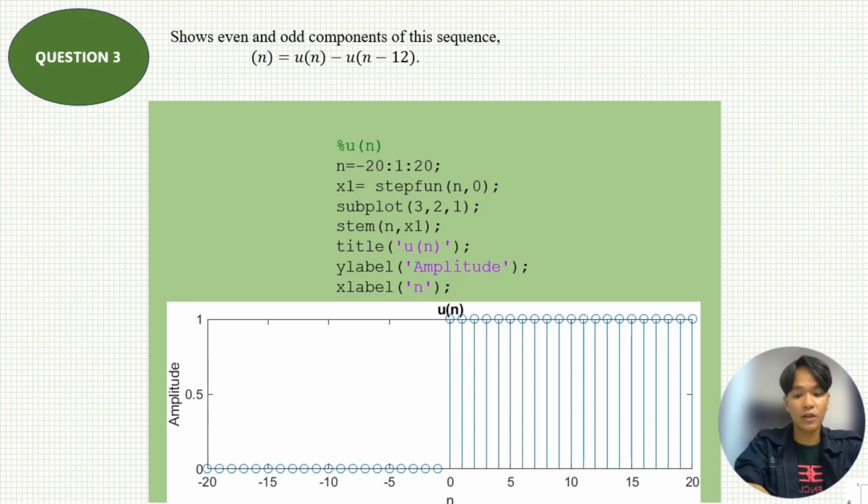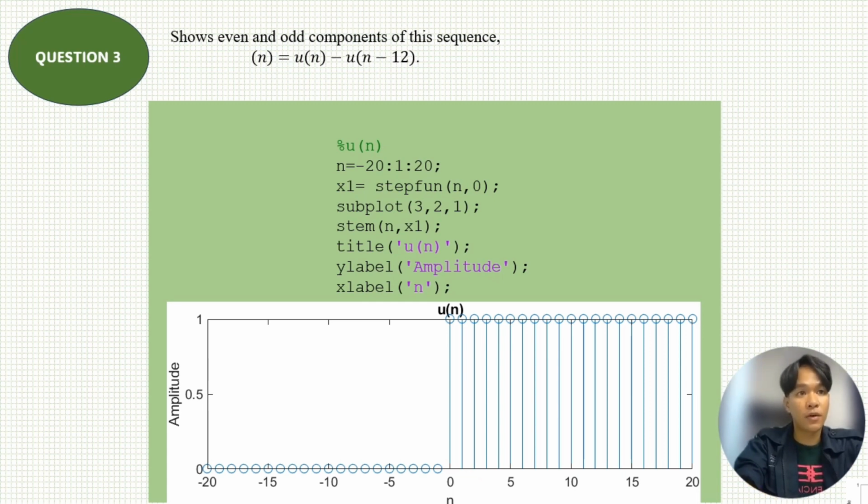How do we get the un signal? As we all know, un is a unit step signal, and from the equation itself, we know that it is a discrete time signal because it uses n instead of t. If the signal is in t expressions, then it is a continuous time signal.